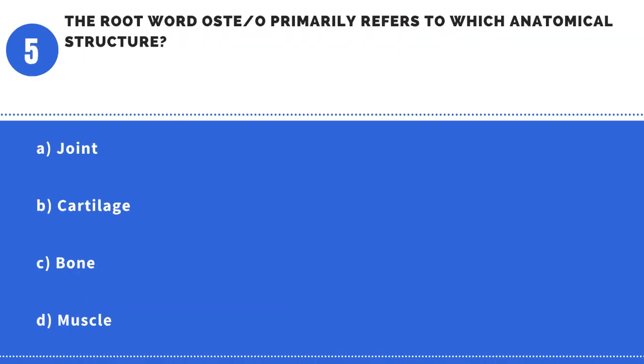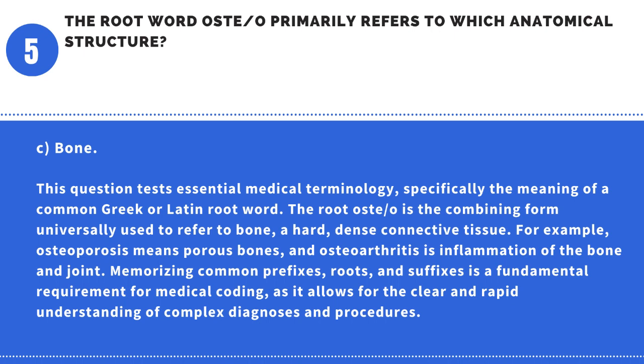Question 5. The root word osteo primarily refers to which anatomical structure? A. Joint. B. Cartilage. C. Bone. D. Muscle. Answer C. Bone. This question tests essential medical terminology, specifically the meaning of a common Greek or Latin root word.